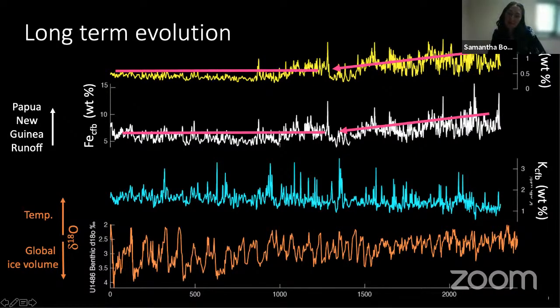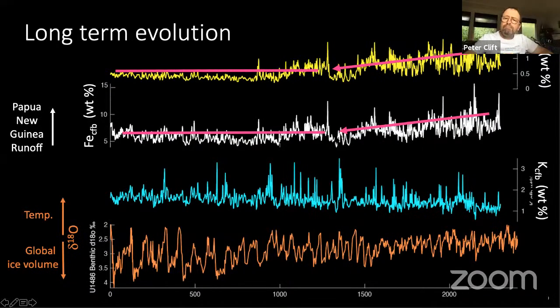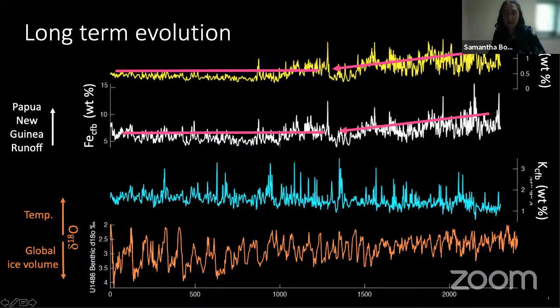Either you have a lot more volcanic material supplied to the surface, indicating a huge increase in volcanic activity in the early part of this record, or another explanation could be that your rivers or rainfall regions supplying the sediment could have changed, but I think that's probably less likely given what we see.